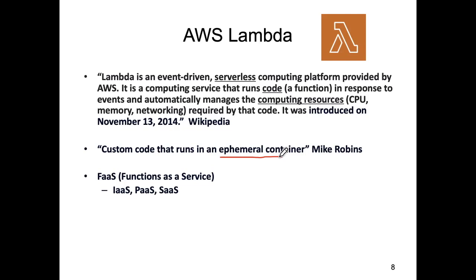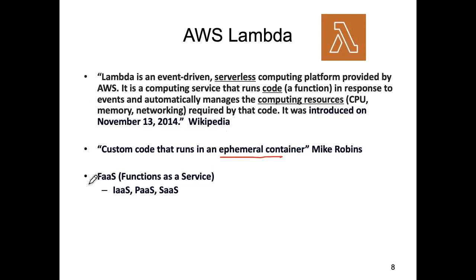If there are consecutive requests for your Lambda function, then it will probably use the same micro VM instance. It won't go through a full rebooting of a micro VM all over again. But this idea of an ephemeral container means that it creates this micro VM instance and destroys it multiple times, essentially every time you want your function to be executed.